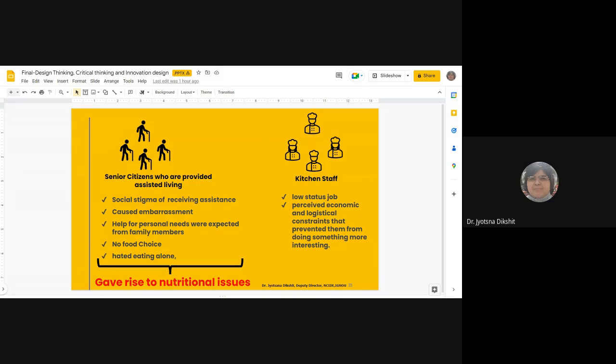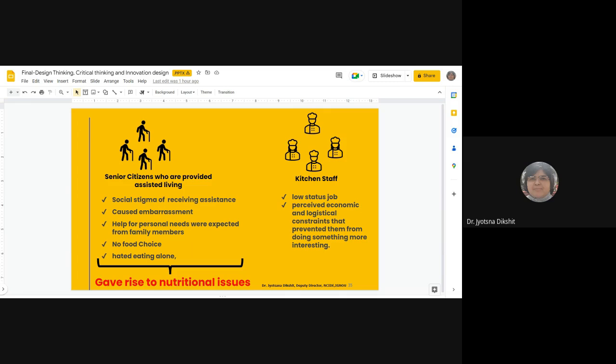And they missed their family. This caused them embarrassment. And they had no choice for food. Whatever was provided to them, whether it was the packaged one or the hot meals on a day-to-day basis, they had to take and they had to eat. And then they had to eat alone. They missed their family members.